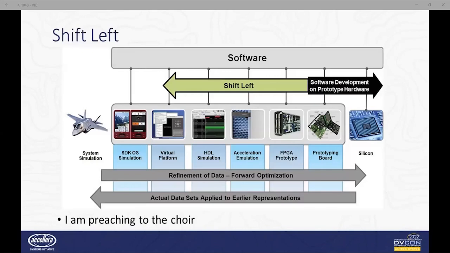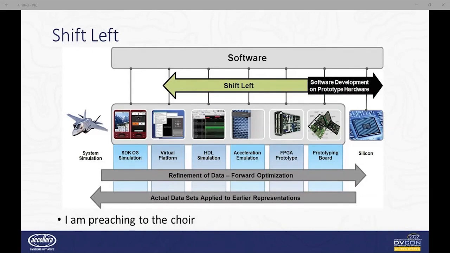Shift left. I am sure you have seen this picture many times, and you must be bored of it. So, I am not going to preach to the choir. If you're already here, you don't need me to convince you of the benefit of emulation testing.